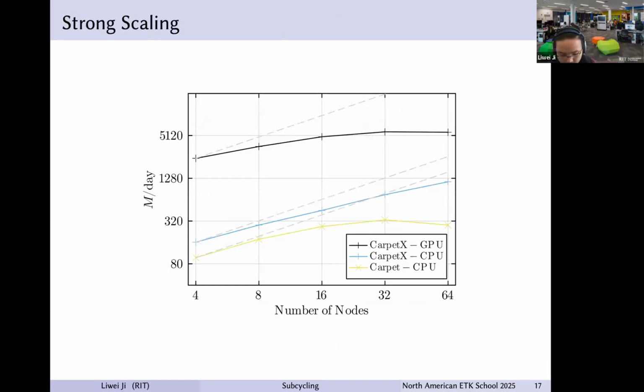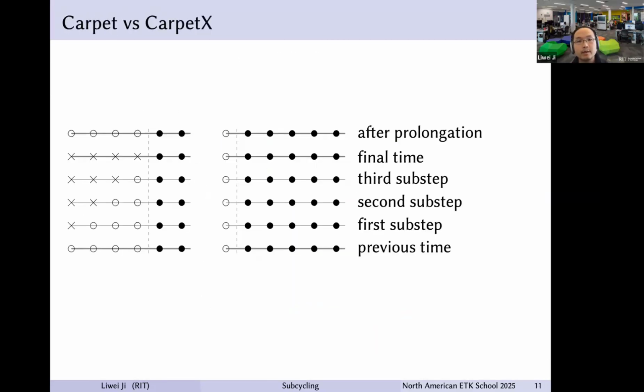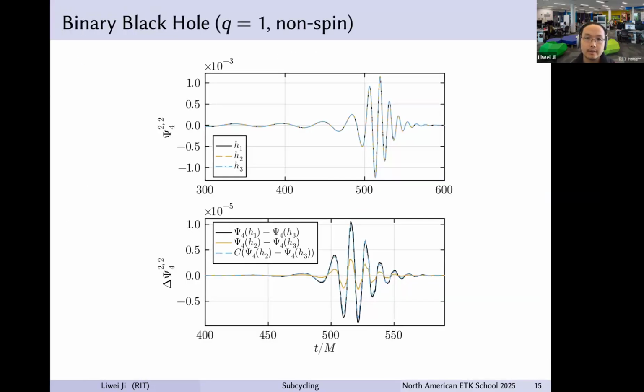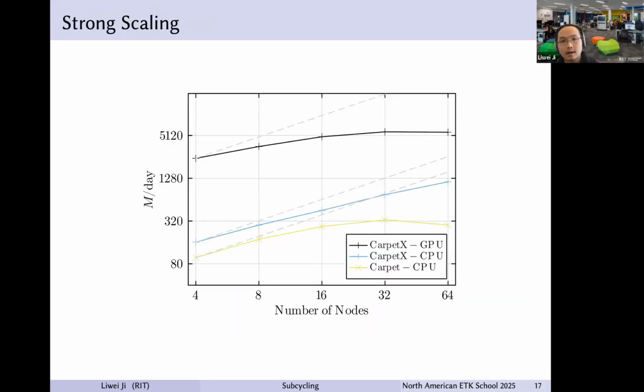Okay, then because of a different implementation of the subcycling, we also expect that we can have better scaling performance compared to the CarpetX subcycling case. Here we show the strong scaling for the previous BBH simulation. The x-axis is the number of nodes used for the scaling test, and the y-axis is the speed, for example per day.